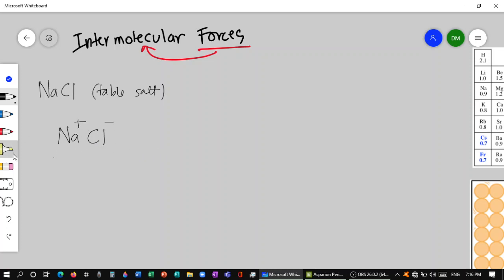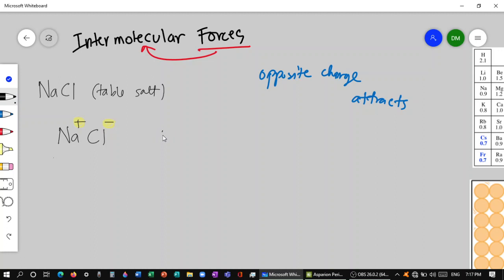As you observe here, they have different charges. And by rule, opposite charges attract each other. So because they have opposite charges, they are attracted to each other.